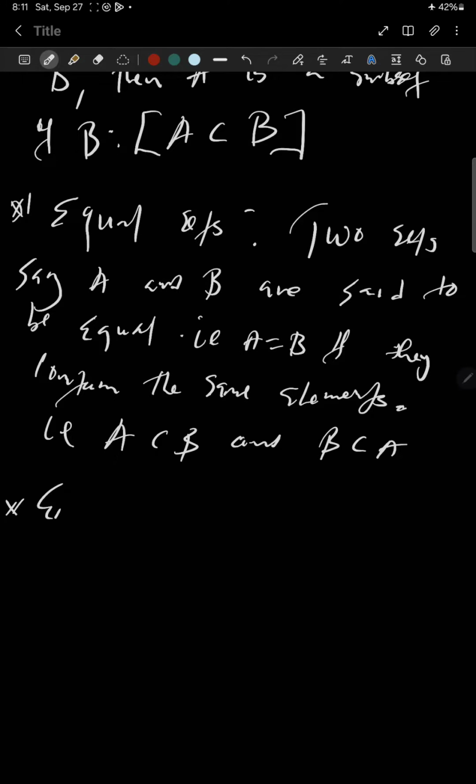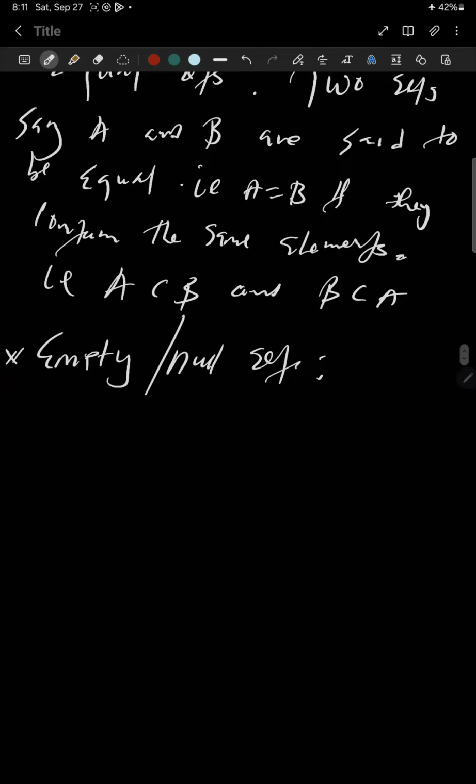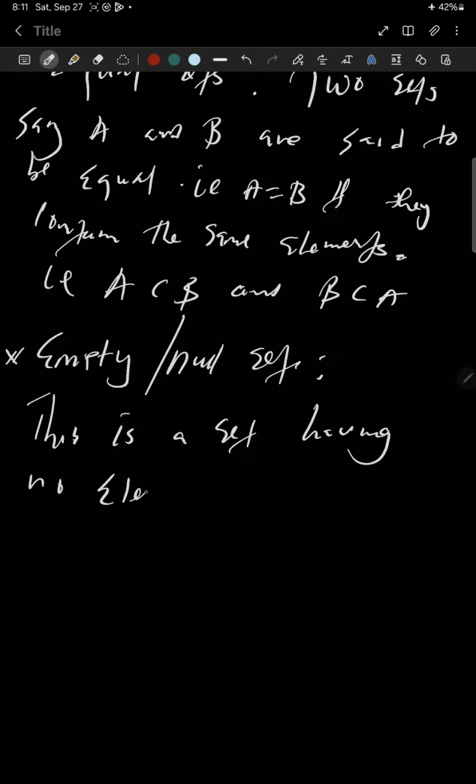What's the definition of the empty set, or sometimes called the null set? It is a set having no elements in it.